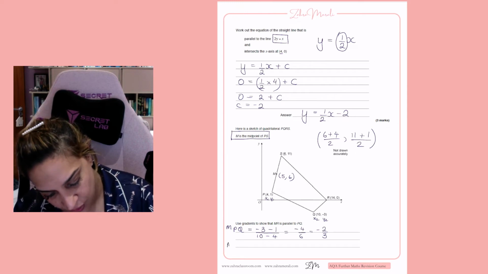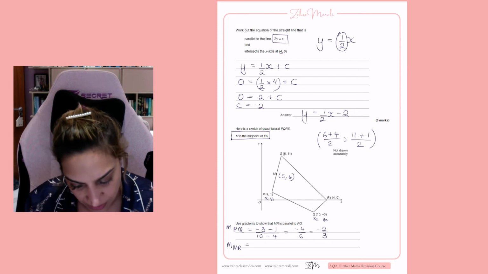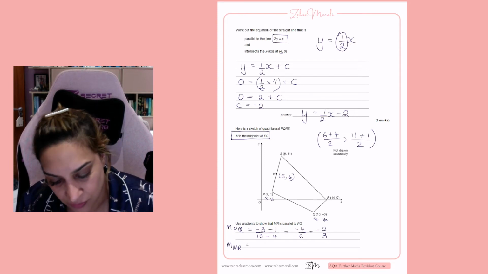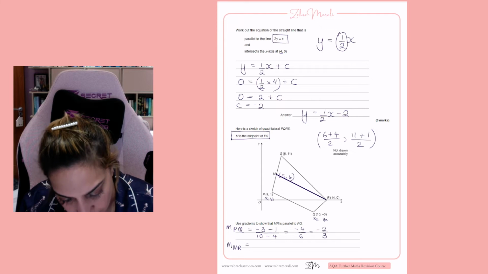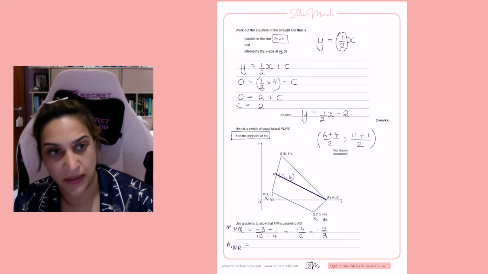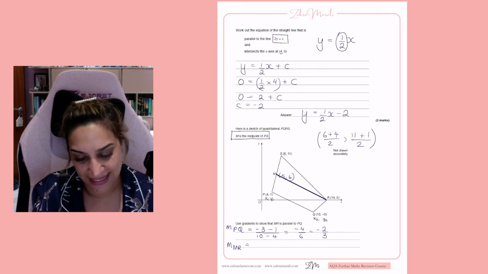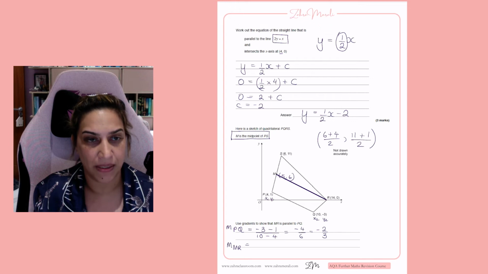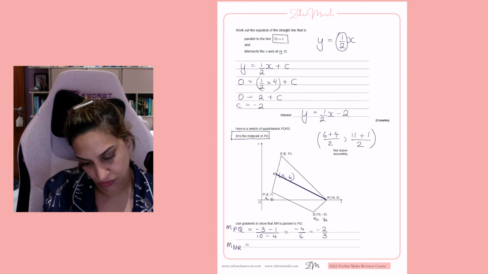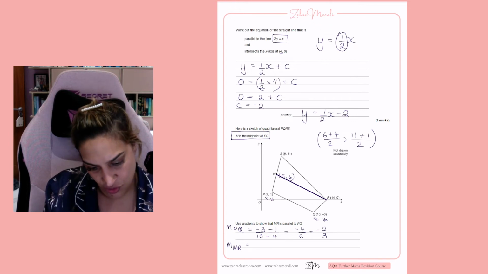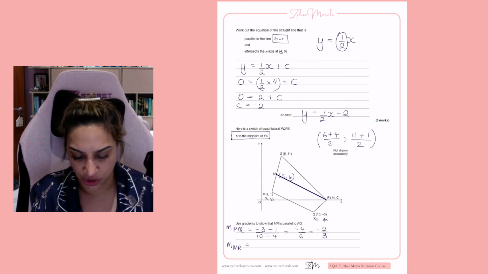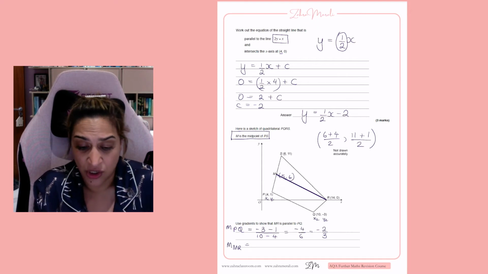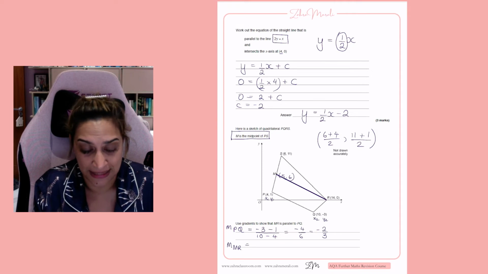And now I want the gradient of MR. So for M to R, I'm going to do exactly the same thing. I'm trying to show that they're parallel, so I want to show my change in y over my change in x is exactly the same.